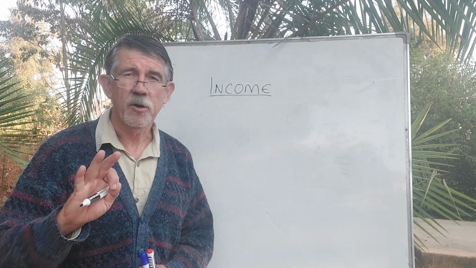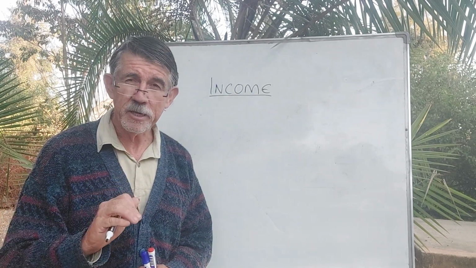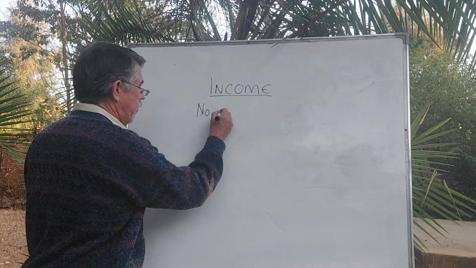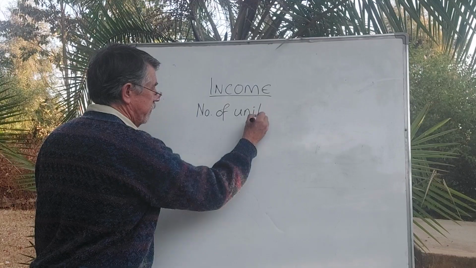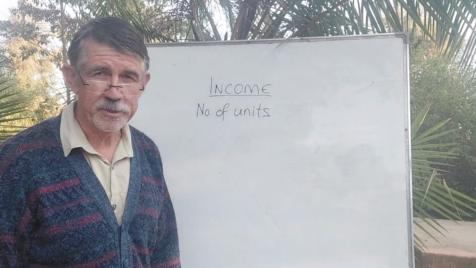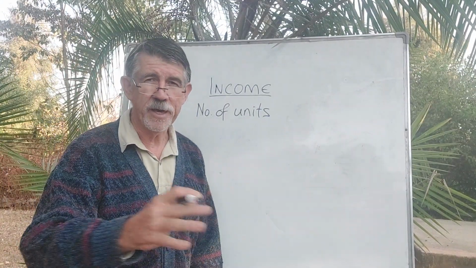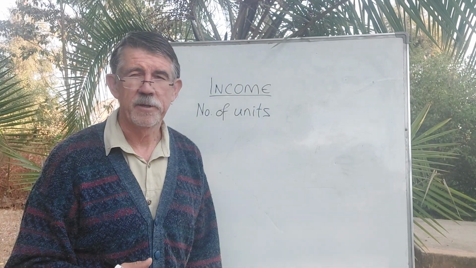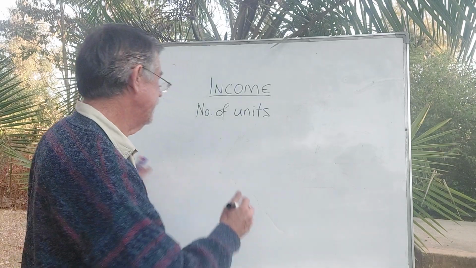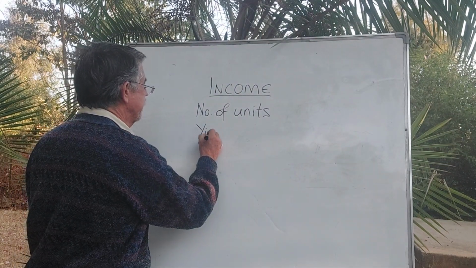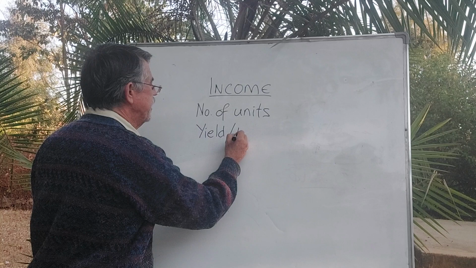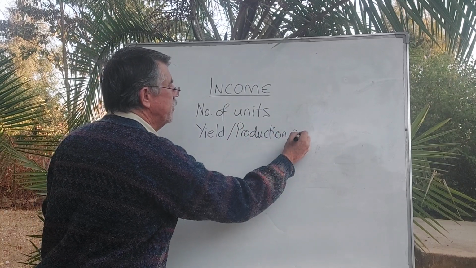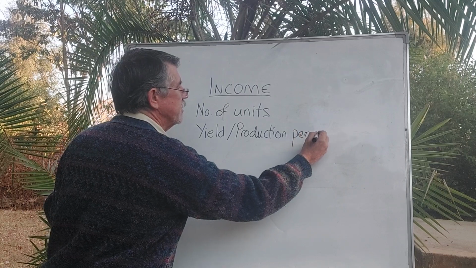There are three components that build up our income. The first is the number of units. That could be the number of hectares that we've got, the number of animals that we've got. The second is the yield or the production per unit.